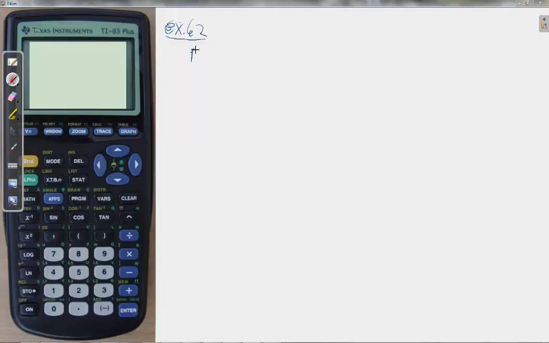So let me say B for number of standard strawberries, and D for the number of deluxe strawberries.